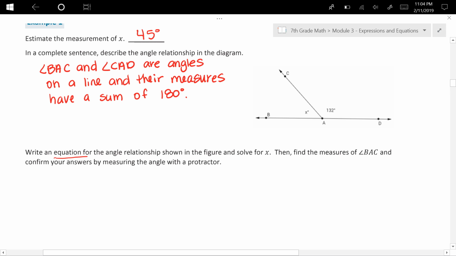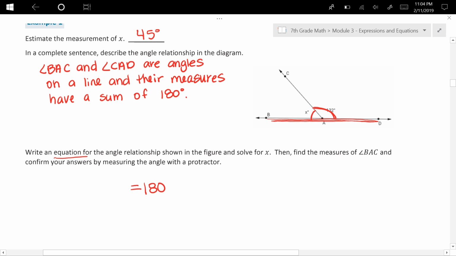So what we're going to do, it says write an equation. I know a lot of you guys are like, I already know what it is, I'm going to figure it out. But this whole unit is about expressions and equations. So with that in mind, we need to put together an equation. Since we know that this line is 180 degrees, our equation is going to equal 180 degrees.